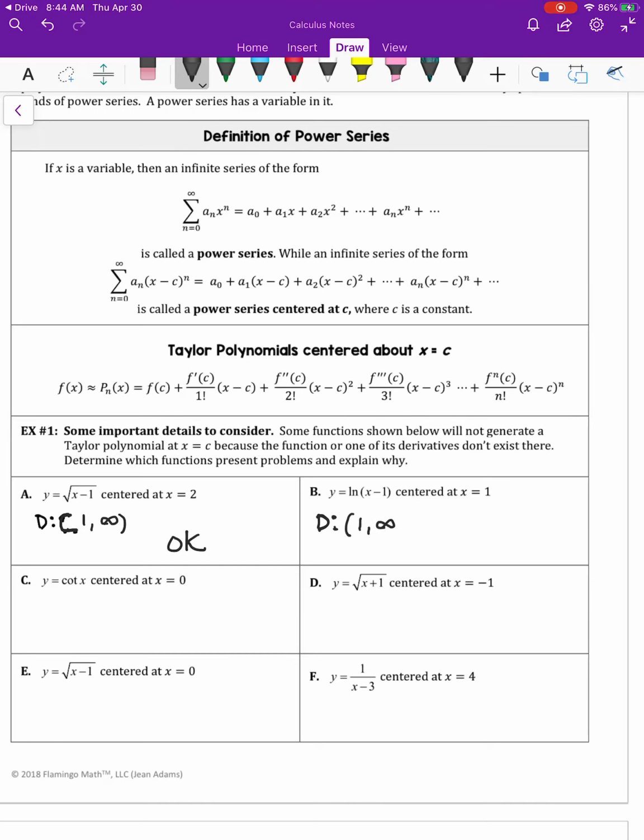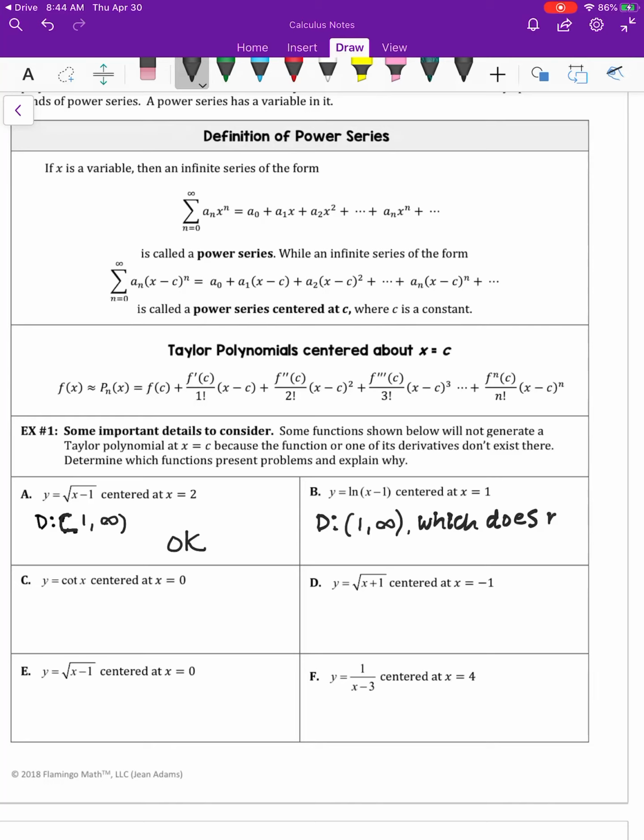For the next one, our domain would be, we cannot include 1. We want 1, but non-inclusive to infinity for that domain. So could we center it at 1? No, 1 is not a part of our domain.